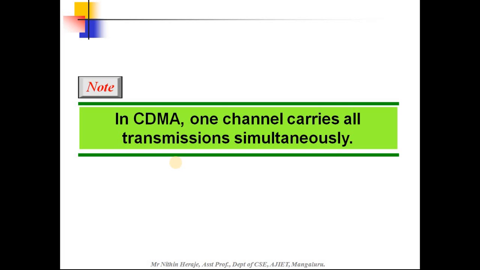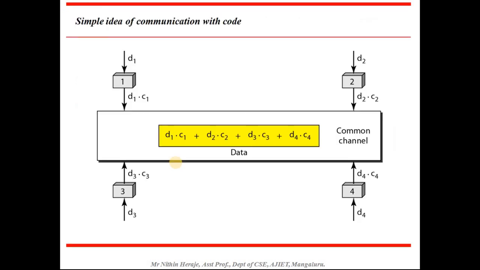There was a frequency band set for each station. Next, in time division multiple access, time slots were given to one particular station. But here in CDMA, one channel will carry all transmissions simultaneously. So all stations can send data at once.